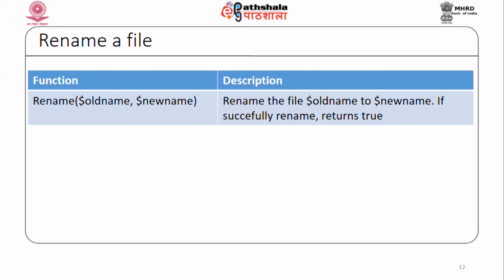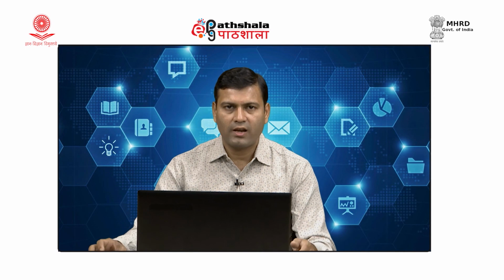In the same way, if you want to rename a file, you can use the built-in rename function. It again takes 2 parameters, old name to new name, and it will rename the old name to the new name. If it is successful, it returns true, otherwise it returns false. Let me demonstrate by writing a code.